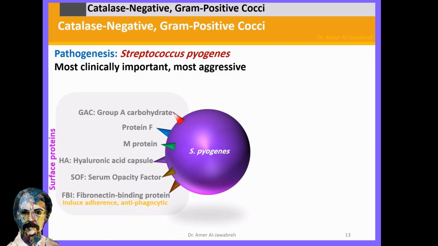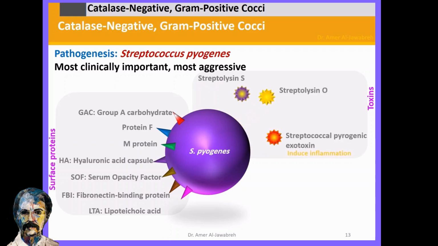If you ask me, is this all? No, there are others, but these are the most studied. Then we have the toxins, streptolysin S and streptolysin O, which lyse cells, any cells, red blood cells, white blood cells. Streptococcal pyrogenic exotoxin induces inflammation. So this bacteria has a good set of weapons against us.